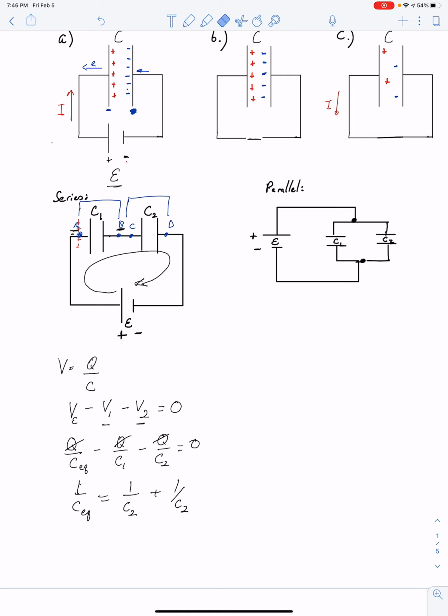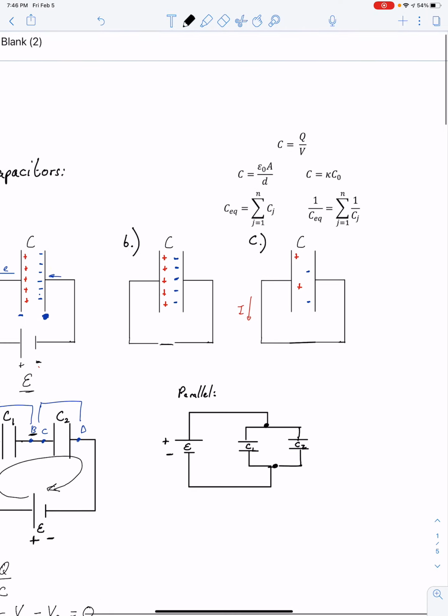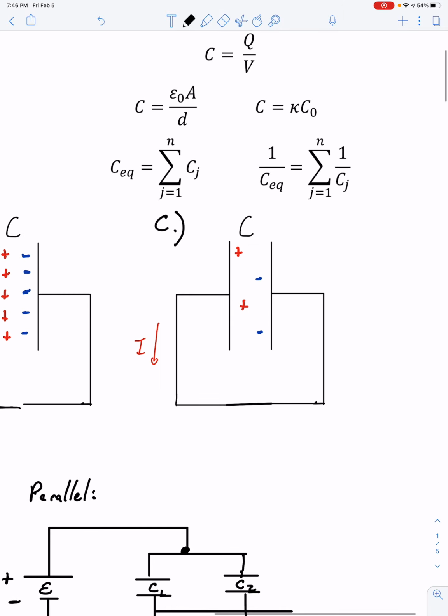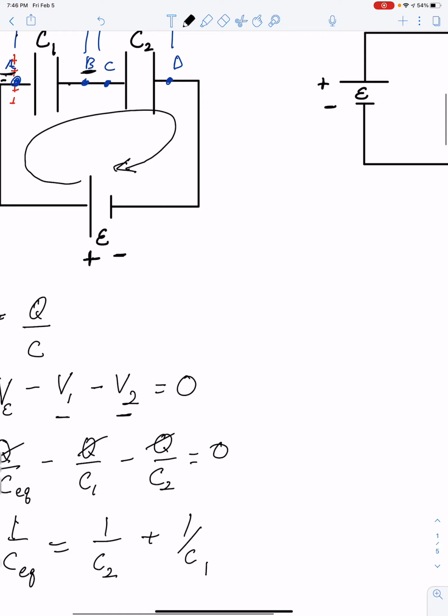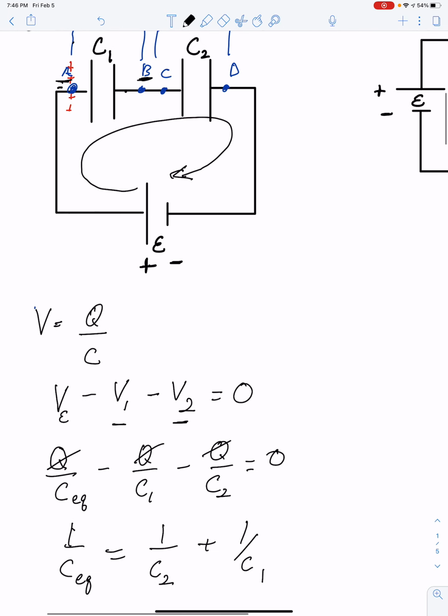Which, by the way, is the same equation that you have on your RC circuits sheet right here. Okay? So that's how you do capacitors in series.